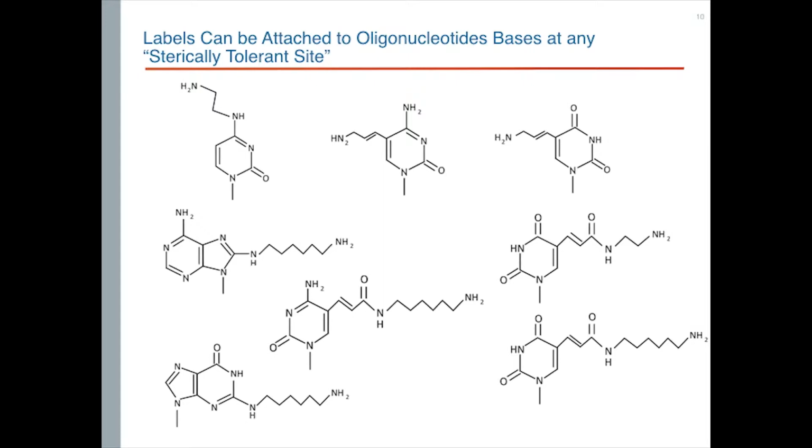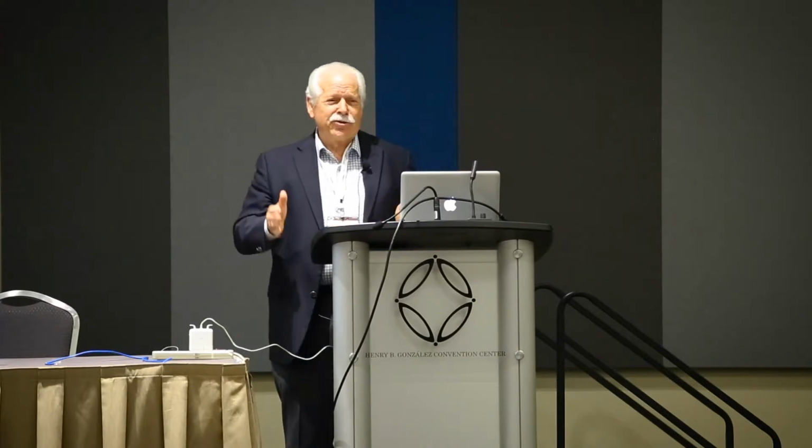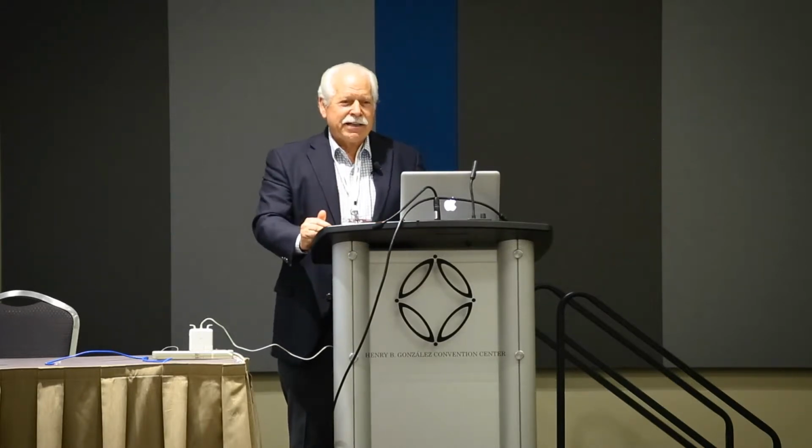These substitutions are all ones that TriLink offers to allow you to attach various labels of your wish to nucleotide bases. Should mention that Jerry Ruth in 1996 through Molecular Biosystems got an issued patent attaching linker arms to any sterically tolerant site on a base.